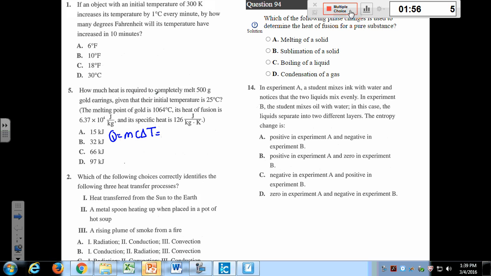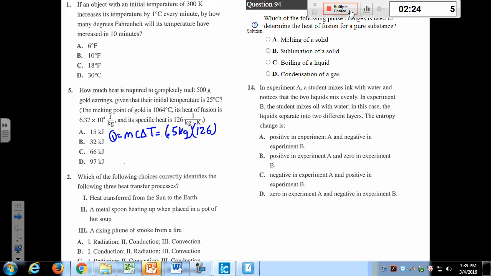So that's going to be the mass, which is 0.5 kilograms, times the specific heat, which is 126, times the change in temperature. Now remember, the temperature here is given in Celsius, but a degree Celsius is the same as a degree Kelvin. So as long as I'm talking about differences in temperature, I don't need to worry about my units here. A change in Celsius temperature is the same as a change in Kelvin temperature.